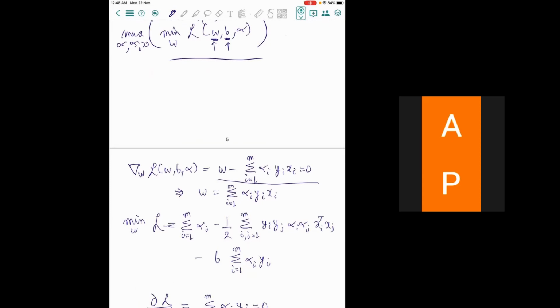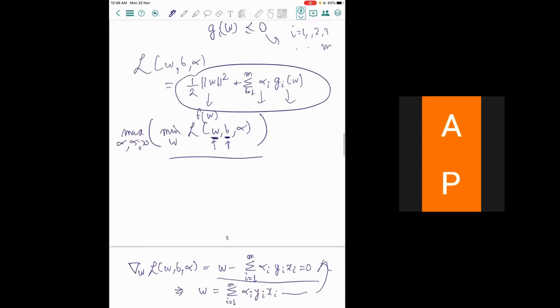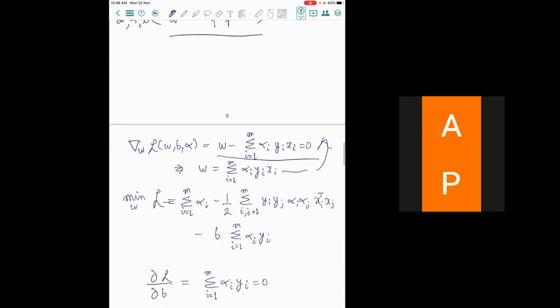Then we can replace this back into the equation that we originally had. Instead of w, we replace this. So what we get after solving is that the minimum over w of the Lagrangian, we have not yet minimized over b, will give me this extended form.